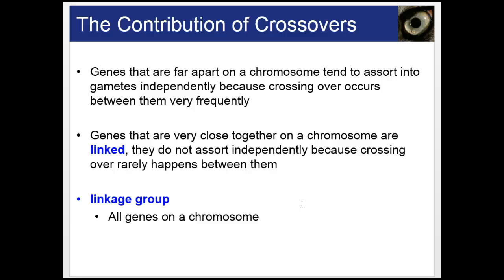However, genes that are really close together kind of get chunked together and then tend to cross over and swap onto the opposite chromosome. And so we say when that happens that they are linked. And those do not assort independently, and we call those linked genes. And so they tend to be inherited together.